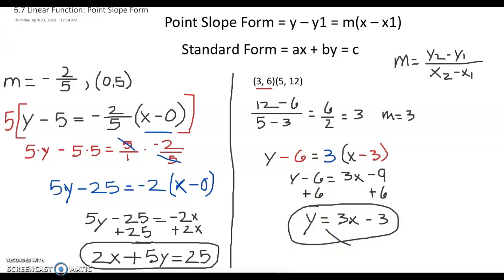Because slope intercept form is none other than y equals mx plus b. That b right there, we got our slope right there, that y and the x. So this is our final answer, and this is how we figure out point slope form.